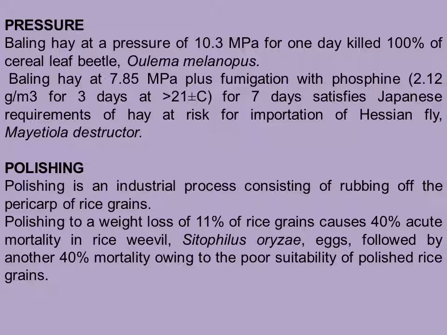Pressure. Baling hay at a pressure of 10.3 megapascals for 1 day has been observed to kill 100% of the cereal leaf beetle. Similarly, baling hay at 7.85 megapascals, in addition to this pressure, fumigation with phosphine gas for 7 days satisfies Japanese requirements of hay at risk for importation of Hessian fly, Mayetiola destructor.